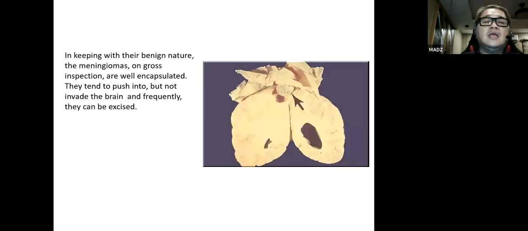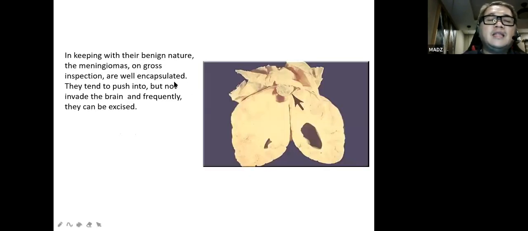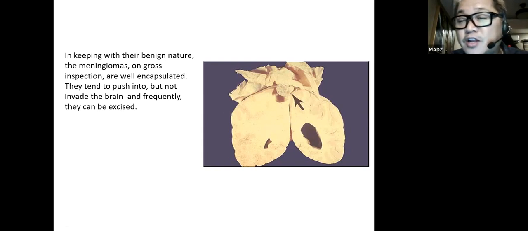Okay. So keeping with their benign nature, the meningiomas on gross inspection are well demarcated. They tend to push into but not invade the brain and frequently can be excised. The symptoms of a patient with meningioma are usually due to the compression of the brain tissue because of their size.